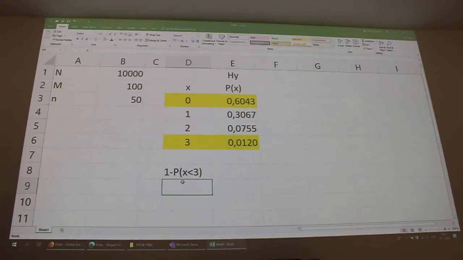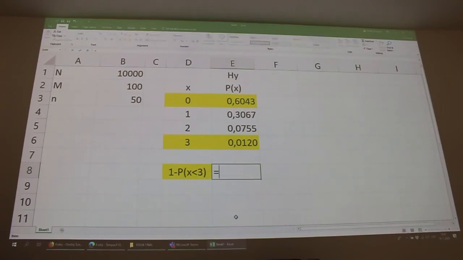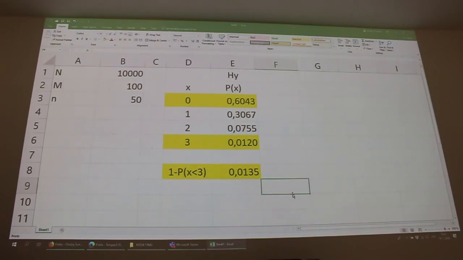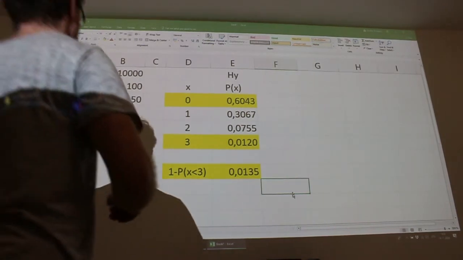Yes, so this is our C. Yes, and we can solve this like 1 minus 0. Yes. Minus 1 minus 2. Yes. Okay, so 1.35%. So this is our response C.